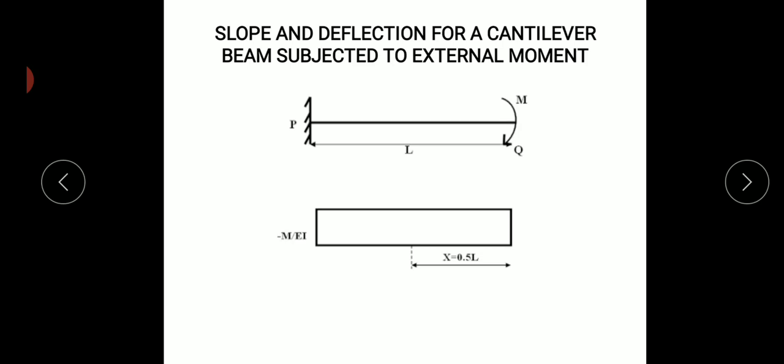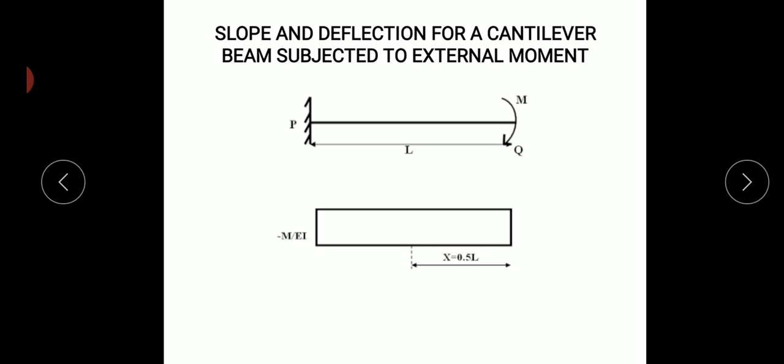Since it is applied on the right hand side of the beam, the moment is clockwise in nature. As per our sign convention, a clockwise moment from the right hand side to the left hand side gives a negative bending moment. Therefore M becomes minus M, so minus M by EI throughout the span.